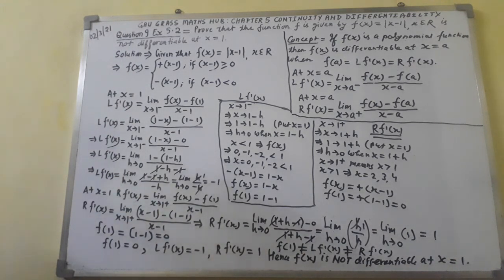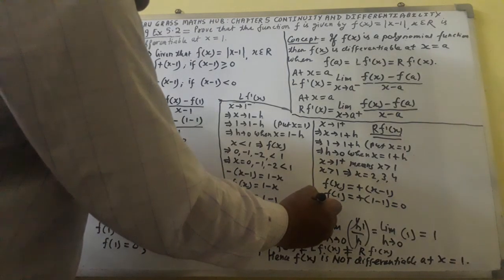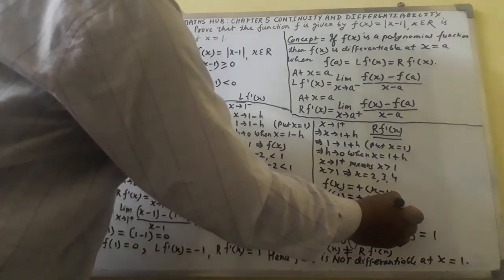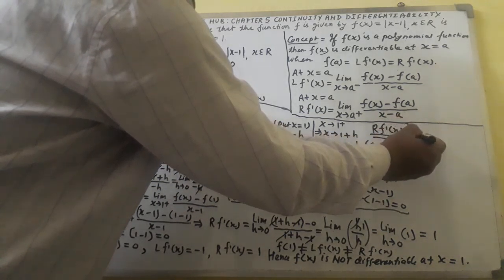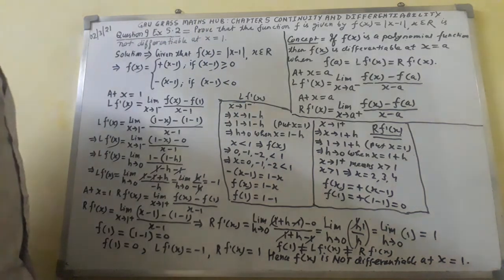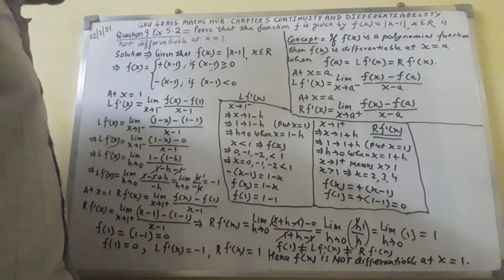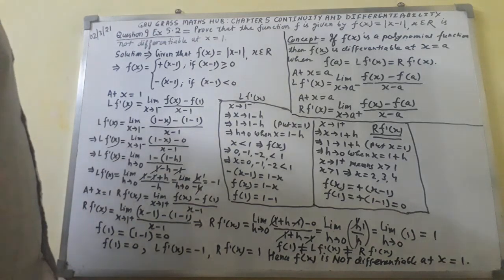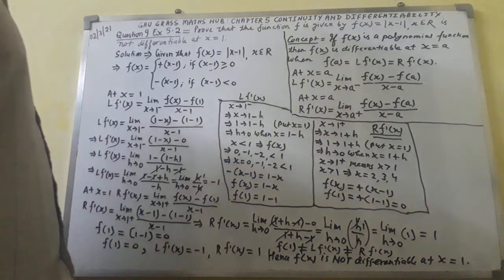This is the proper explanation and solution of question number 9, exercise 5.2 that has been taken from chapter 5, continuity and differentiability. Before proceeding toward the solution of this question, we must clearly remember the concept related to this question.